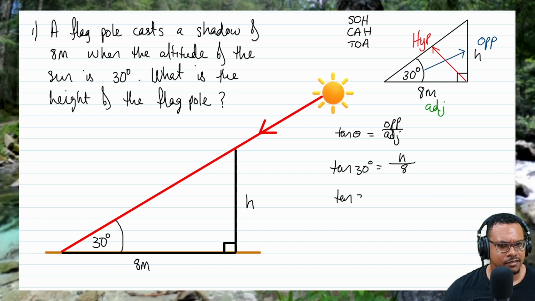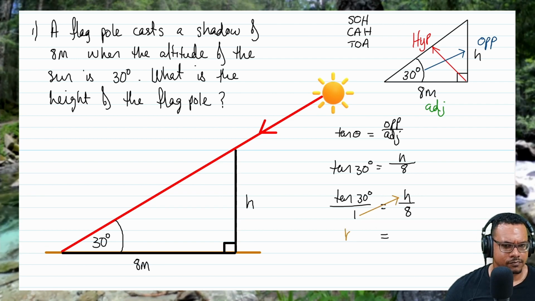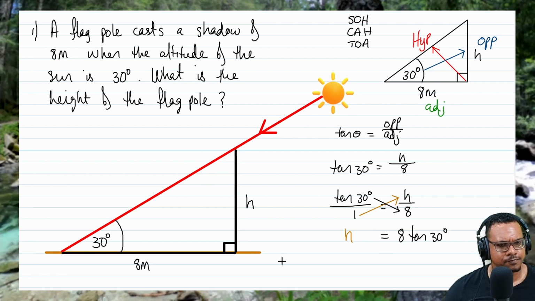So we have tan 30 degrees over 1 is equal to H over 8. Now when we multiply 1 by H, we get H. And when we multiply tan 30 by 8, we get 8 tan 30 degrees.